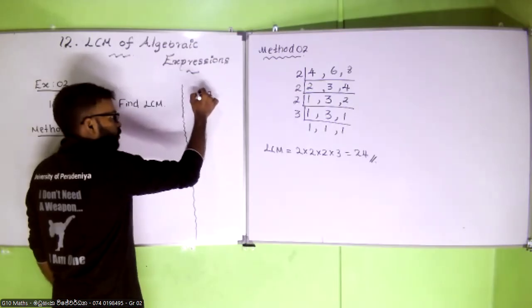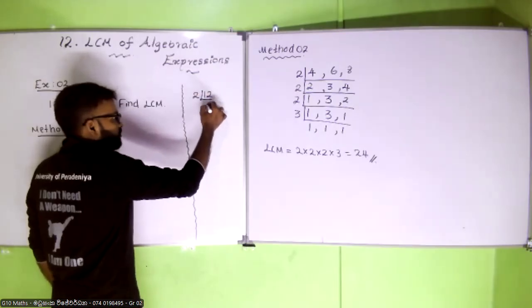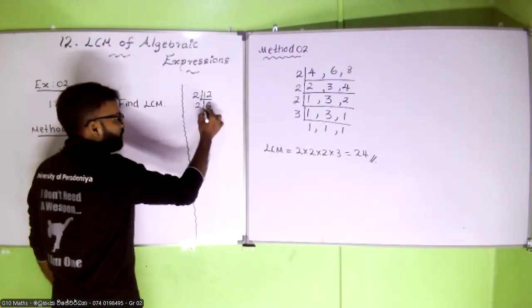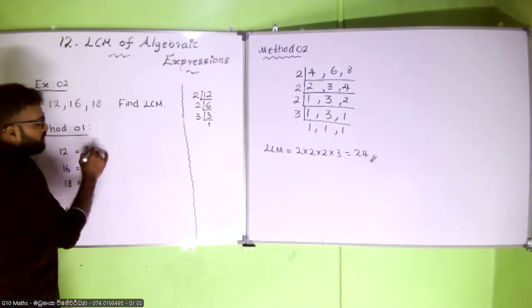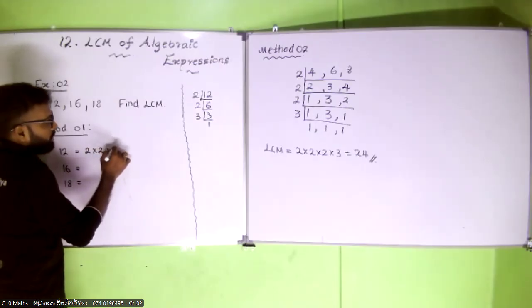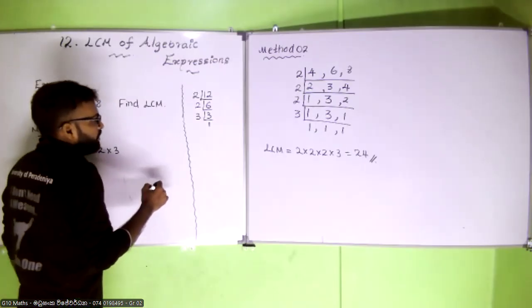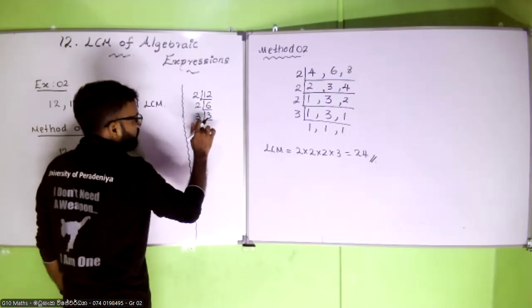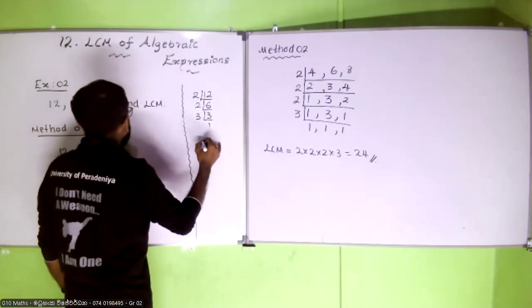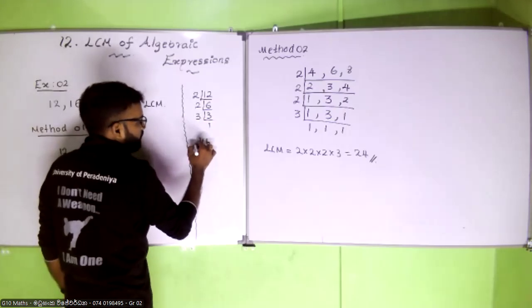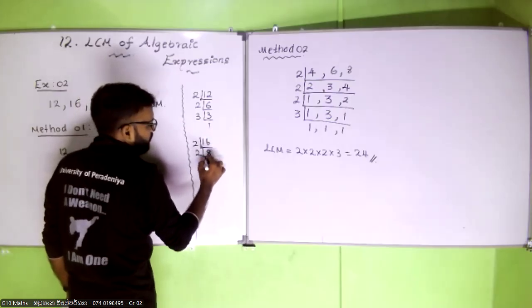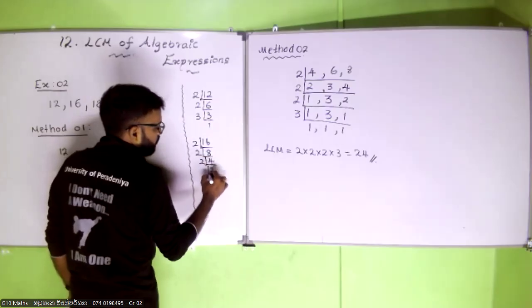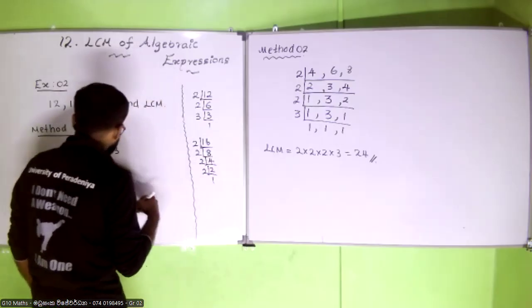You have to represent 12 by using its prime factors: 2 times 6, 2 times 3, 3 times 1. So this can be written as 2 times 2 times 3. Then I have 16: 2 times 8, 2 times 4, 2 times 2, 2 times 1.